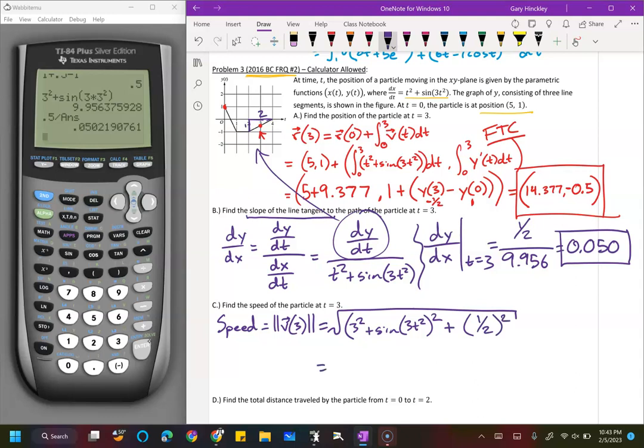So we already know those two values. Remember, that was our x prime of t squared and y prime of t squared. And so x prime we already knew, y prime we pulled from the graph.